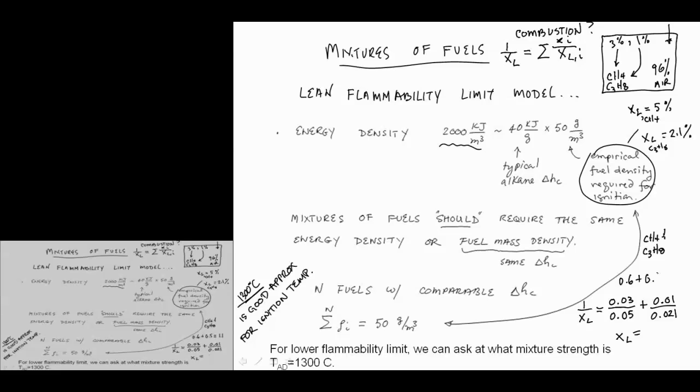Did I do something wrong here? Xi over XLI. Okay, let's just play this out. So this isn't right, because this is like 0.9, right? Okay, let me see something here.